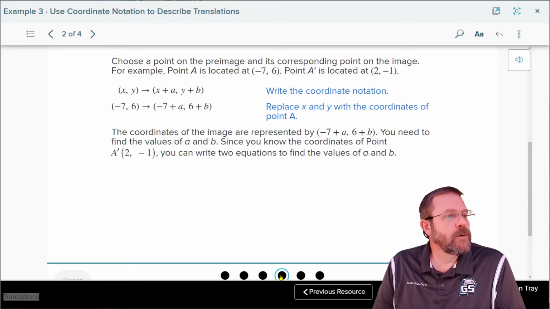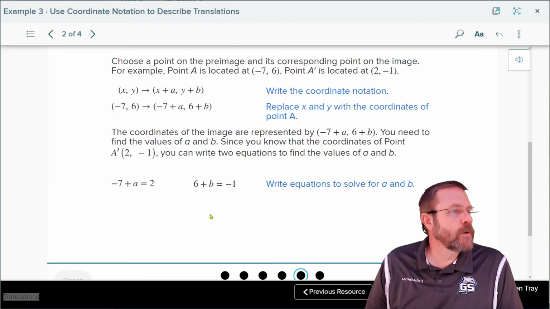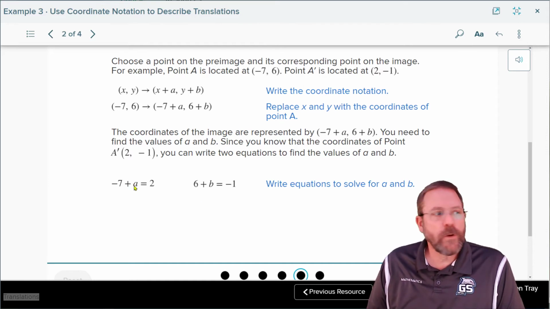Next thing we need to do is say, all right, the coordinates of the image are represented by this formula. You need to find the values of a and b. Since you know the coordinates of point A prime are going to be 2, negative 1, you can write 2 different equations to find out what the true values of a and b are. So moving on to the next point of information here, we're going to see what the 2 equations are.